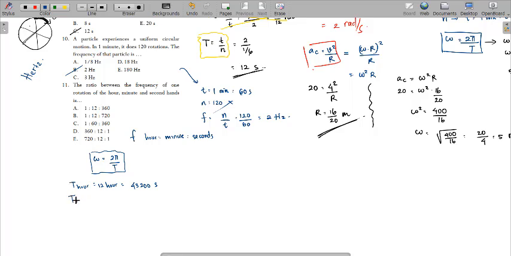And period for minute: 1 hour is 60 minutes, so the time is 3,600 seconds, and time for second equals 1 second. 1 minute equals 60 seconds.